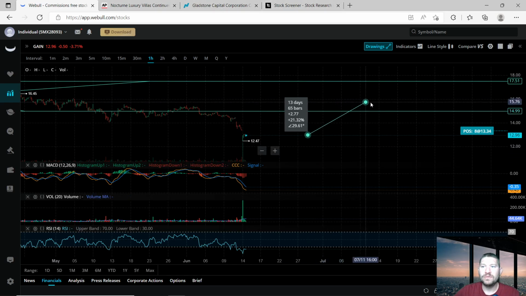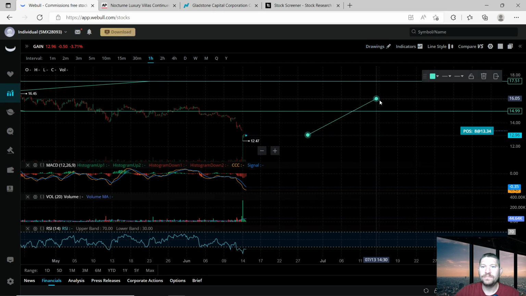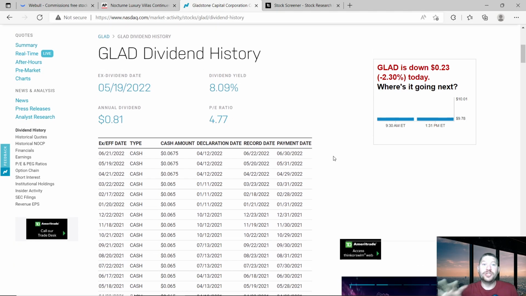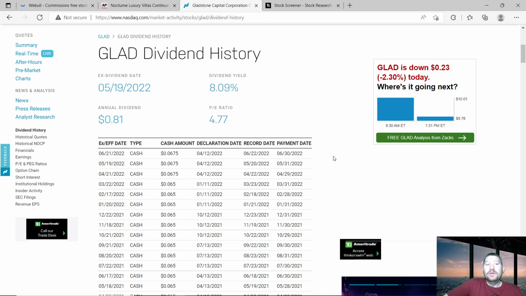Let me just close this real quick. It also pays a dividend. Now I pulled that information up. So Gladstone, oh sorry, adjust your eyes if you need to, going from black to white screens here. But Gladstone pays a monthly dividend. It's an 8% dividend yield per year, and they're going to pay you 81 cents a year.